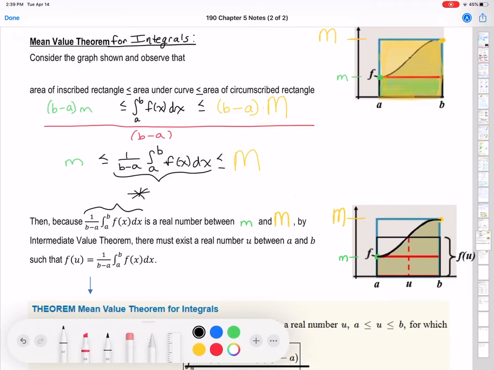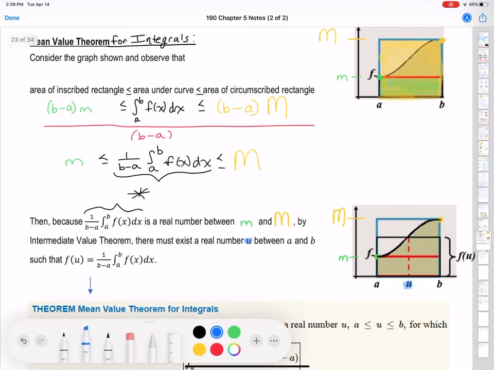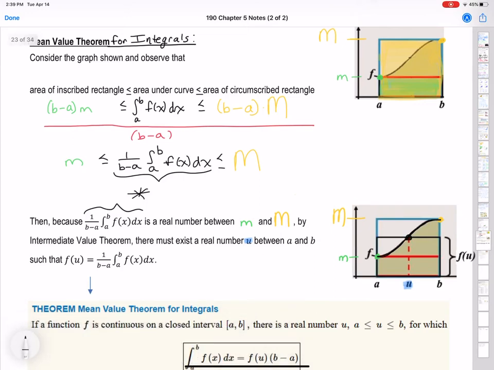So there has to exist this real number u such that f of u is equal to this asterisk value, right? So this is my f of u right here, and so this is that asterisk value.